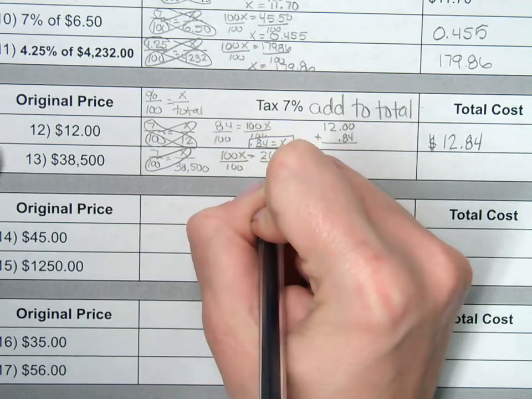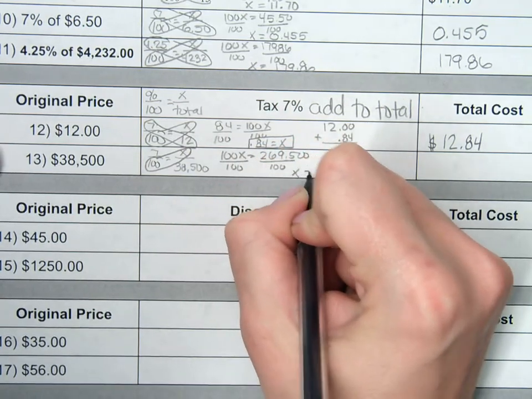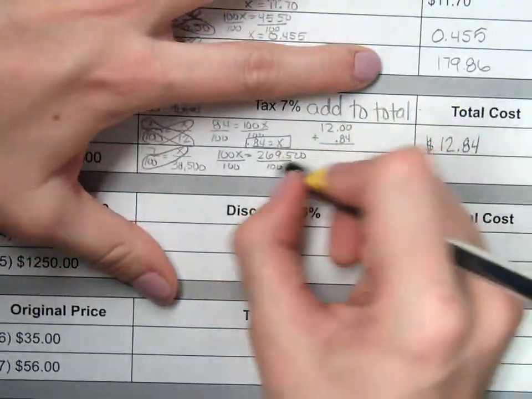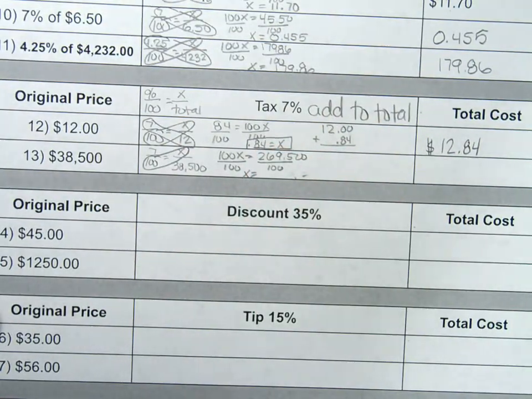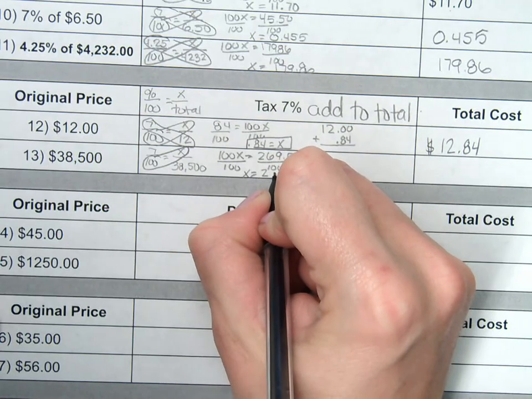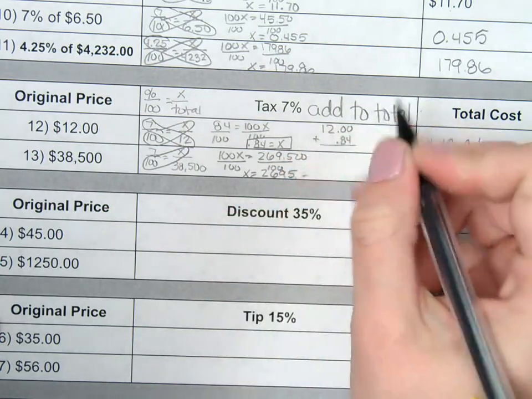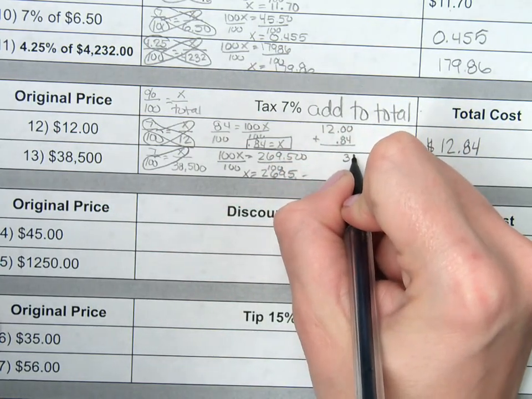Divide by 100. And my sales tax is $2,695.